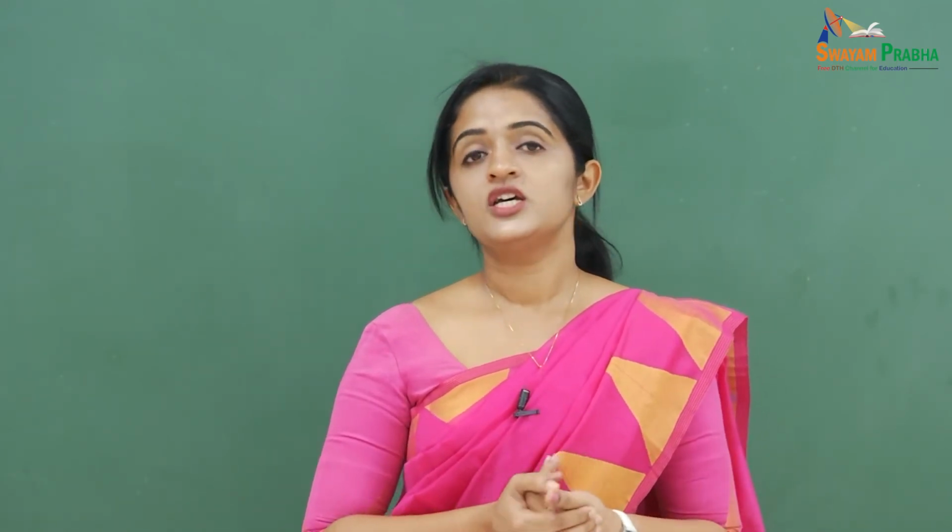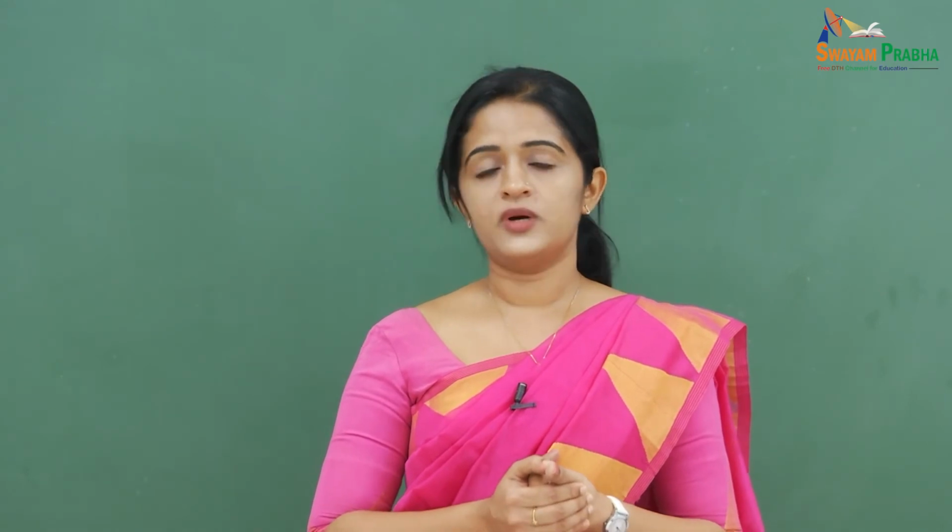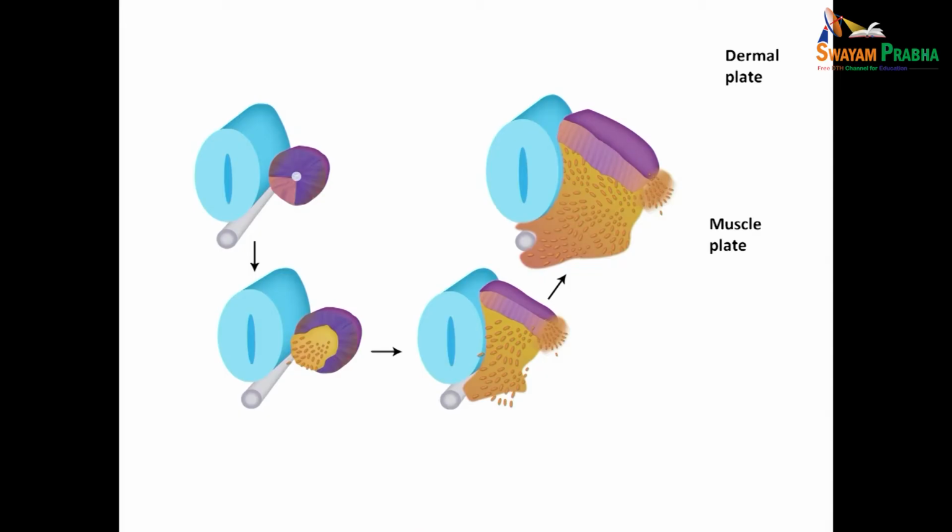So, the lateral dermal plate and medial muscle plate together form the dermomyotome, which is actually seen on the dorsolateral aspect of the somite. So, this is the neural tube. You have the notochord here. Here you have the somite, which is getting differentiated into a dorsolateral portion and a ventromedial portion.